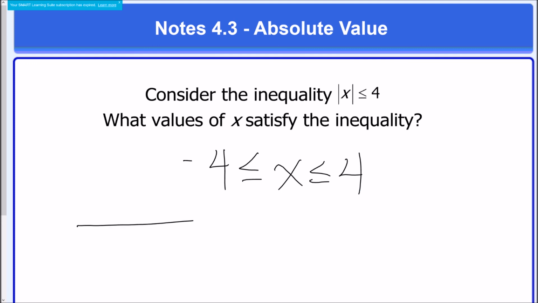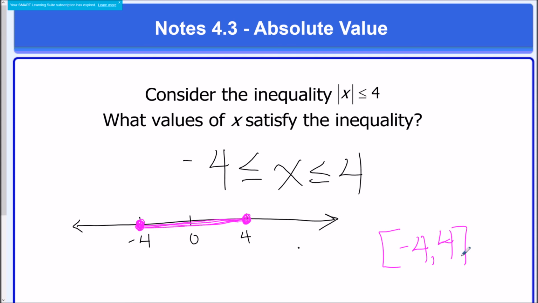So if I were to graph out my solution set on a number line, then I would say my answer is anything between -4 with a closed circle and +4 with everything in between. And that works because all of these numbers right here, when you take the absolute value of it, will be less than 4. In interval notation, we're going to say that our answer, our solution, is from -4 to +4 with closed brackets because it includes -4 and +4.